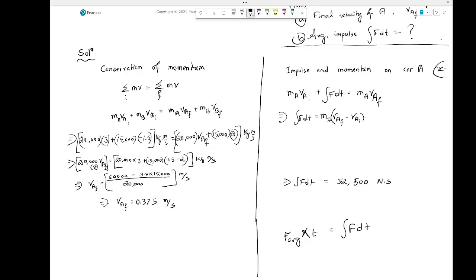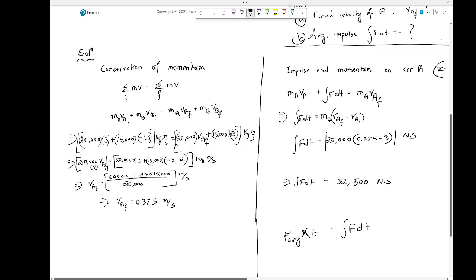You can get the value in negative, but you can take it as absolute. Let me get the result whichever way. So 20,000 multiplied by 0.375 minus 3. This is in newton seconds, and you can take the whole thing as absolute, because the impact doesn't have any direction. Everybody agrees, right? Impact is absolute.